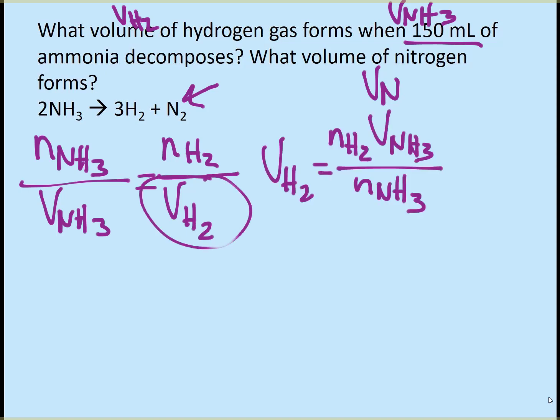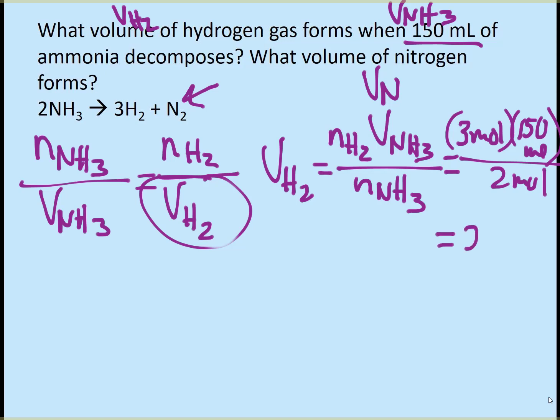The moles of the hydrogen times the volume of the ammonia divided by the moles of the ammonia. And we get 3 moles times 150 milliliters divided by 2 moles. And our final answer is 225 milliliters. Okay, so that's the first part. Now let's find the volume of the nitrogen.